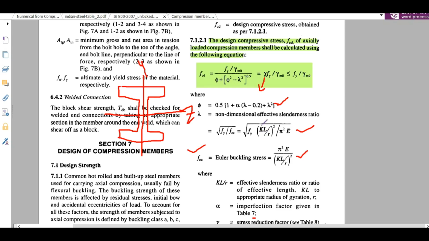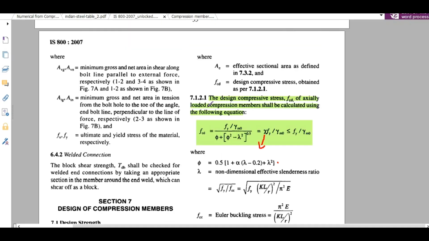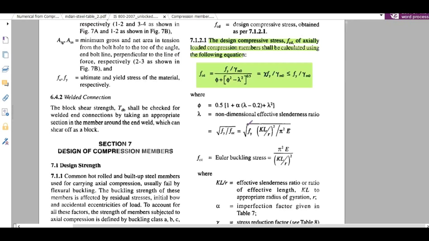K depends on the support conditions or end restraints, as I have already explained in my previous video lectures. I think it is very clear, and if there is any doubt, it will be cleared in the numerical sections.